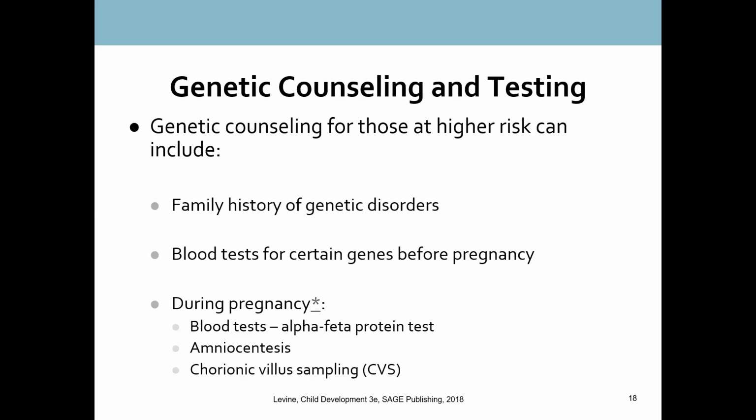During pregnancy, various tests can be done to look at the genetics of the developing embryo or fetus. When these tests are done, it would be in the fetal stage. Blood tests are given, where they just take the mother's blood, in a test called the alpha fetoprotein test.